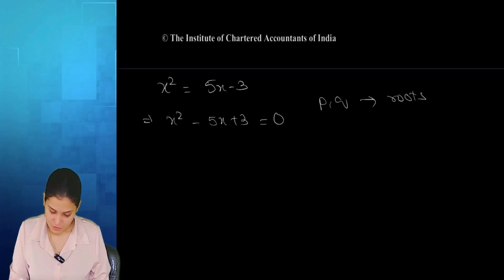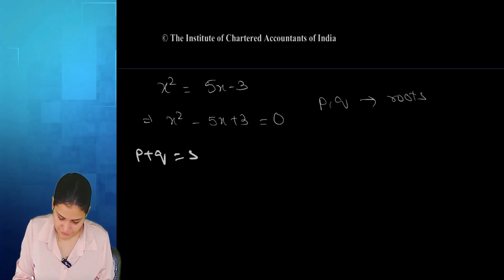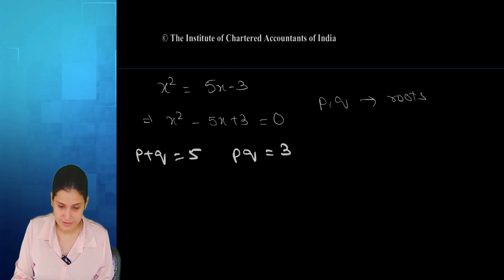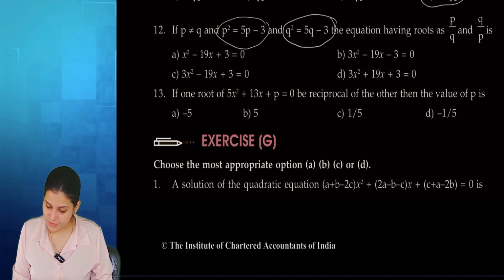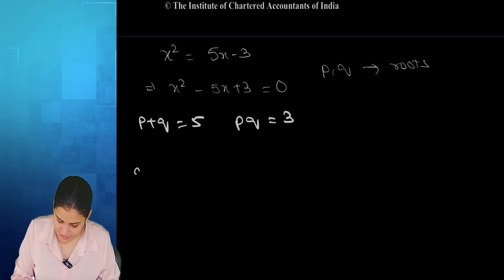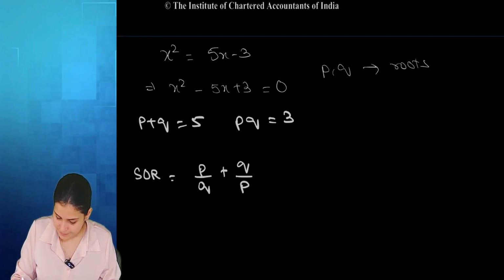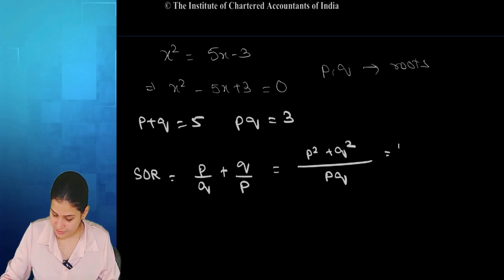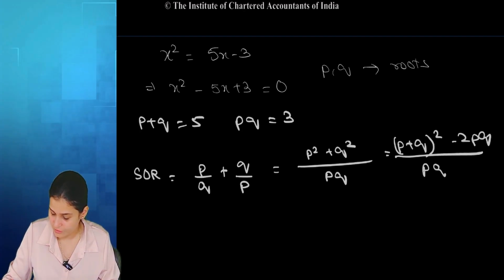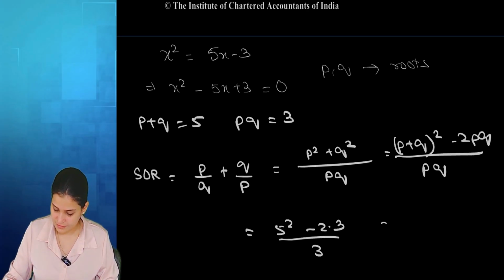Yes, ma'am. So from here, P plus Q will be 5. P into Q will be 3. What do we want? The equation having roots as this. So for that, we will need sum of the roots. P by Q plus Q by P, LCM, P square plus Q square, this is P plus Q whole square minus 2PQ upon PQ. So 5 square minus 2 into 3 by 3, 25 minus 6, 19 by 3.